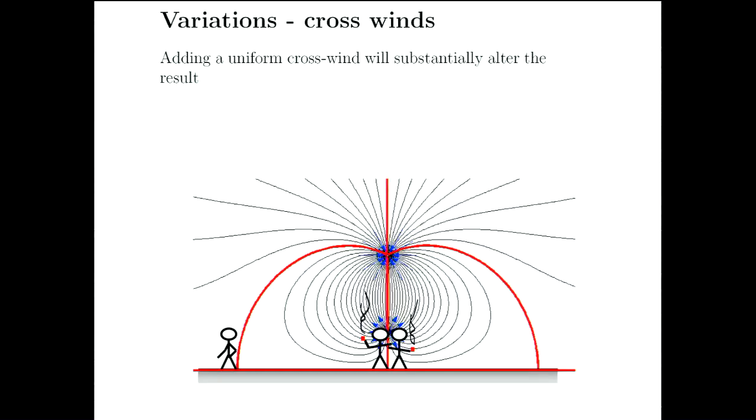Now, what happens if I put a uniform crosswind to this flow? Okay, so let's say I have some flow from right to left. Okay, and I can do this, right? Because I know that my uniform flow satisfies continuity. It satisfies my momentum equations, right?